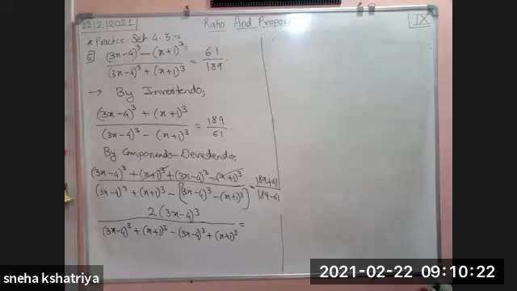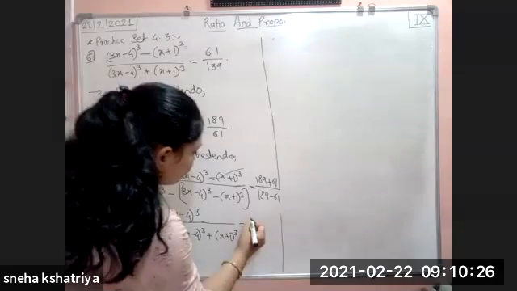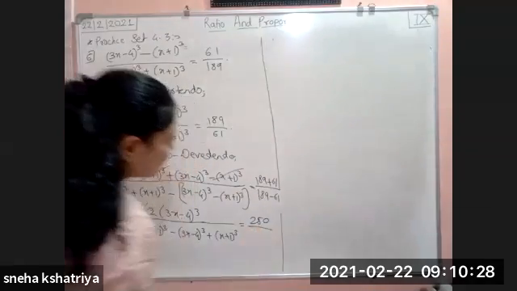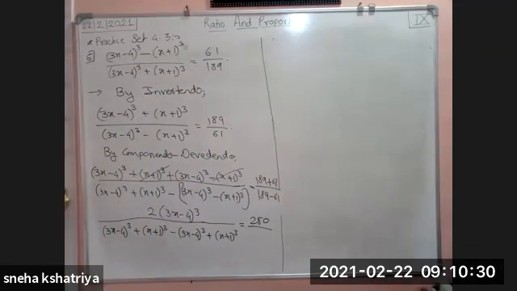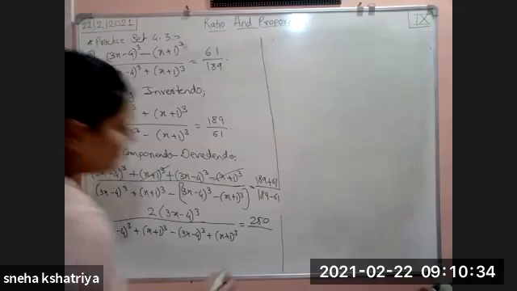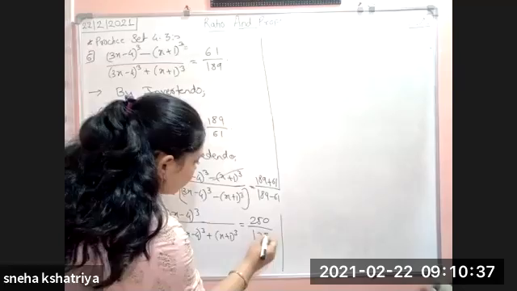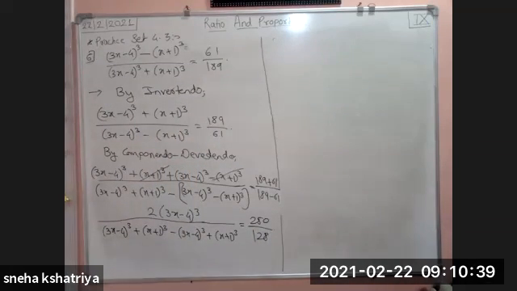Sorry, it is not 128, it is 250. And 189 minus 61, that is 128. So 250 upon 128.